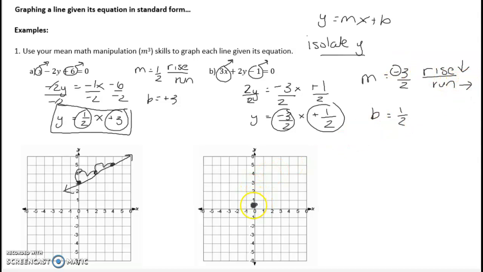So down 3. 1, 2, 3. And then over 2 positive. 1, 2. Put a dot. So I'll go down 3 again. 1, 2, 3. And then over 2. 1, 2. Put a dot. Okay, so let's join these lines. Okay, and that's what it looks like.